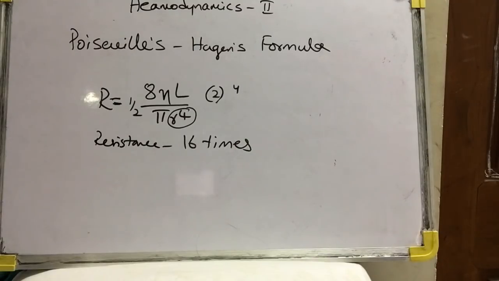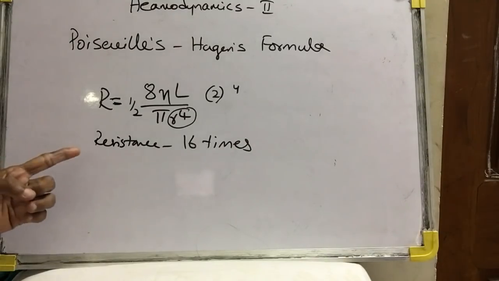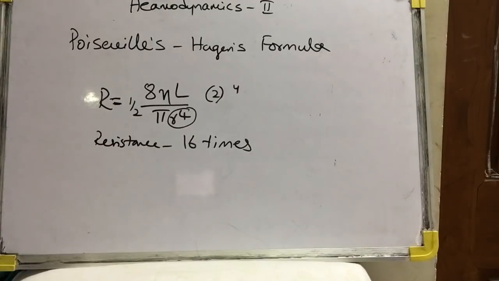See, if the radius is reduced to half, we are saying that the resistance is increased to 16 times. If the radius of the blood vessel is doubled, then the resistance will be reduced to a much lesser extent. And change in the diameter changes the flow and pressure.